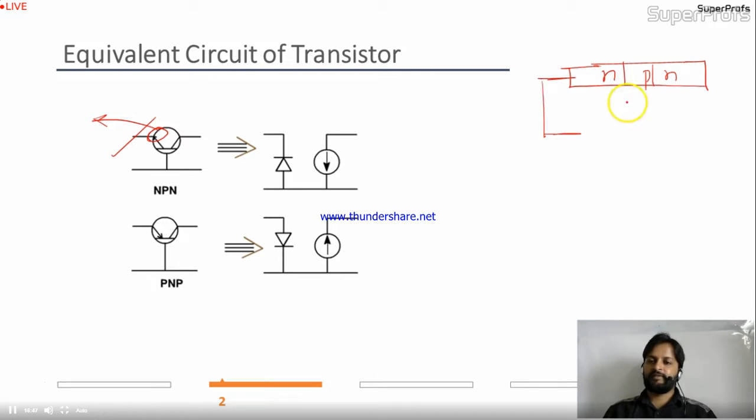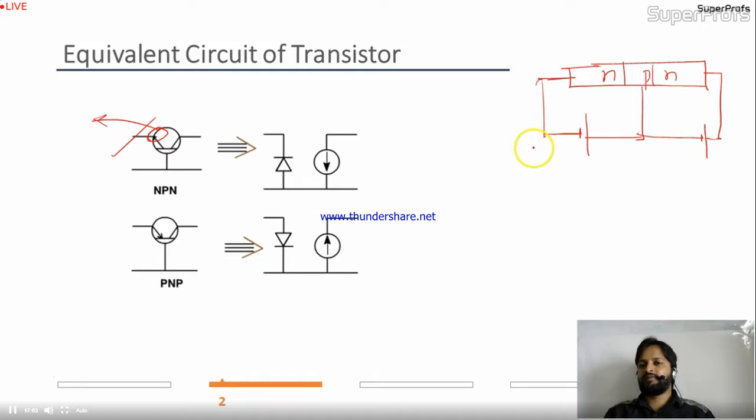So we are applying forward bias to this junction, and to this junction I'm applying reverse bias.